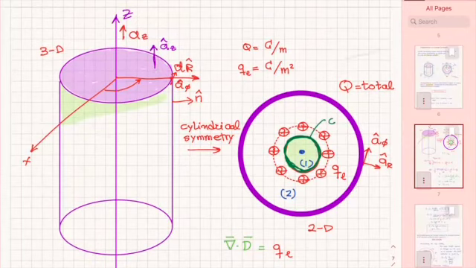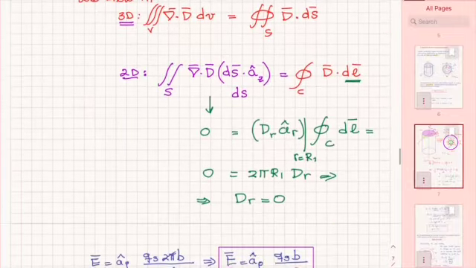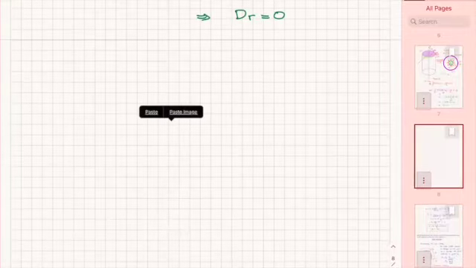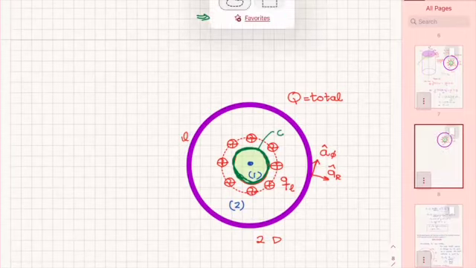Take this and copy it, and then add the page and paste it here. All right. So now I erase this.